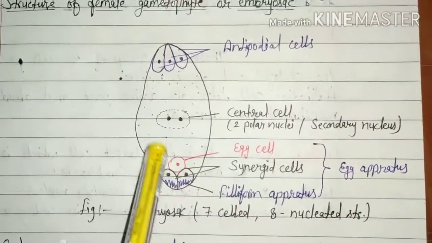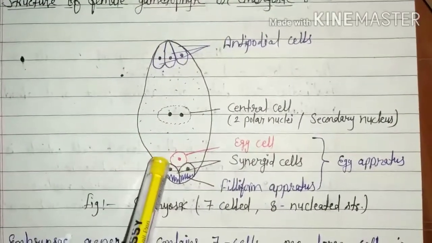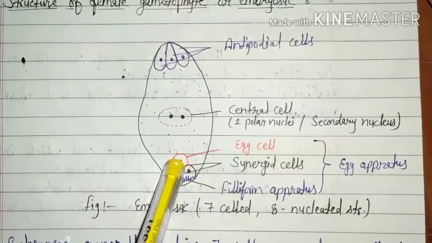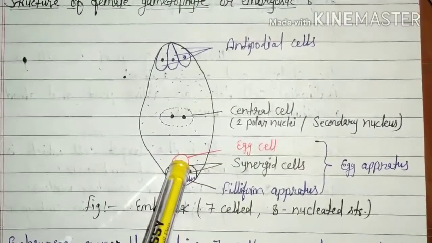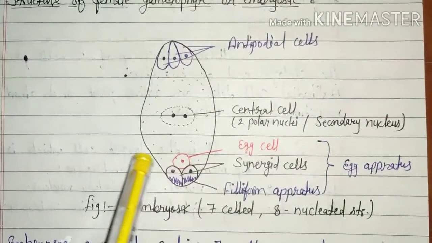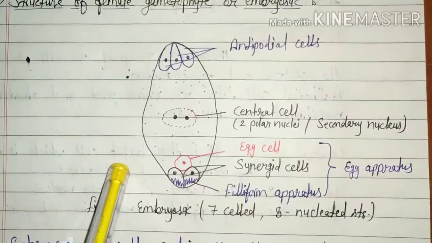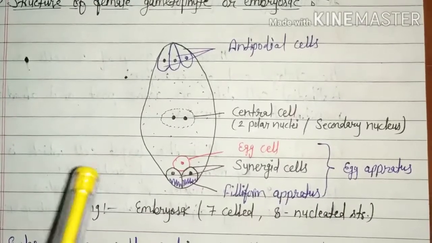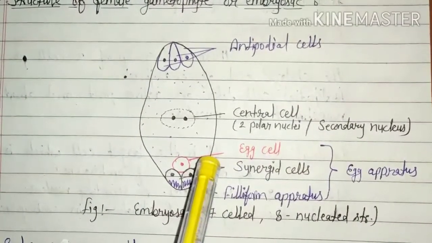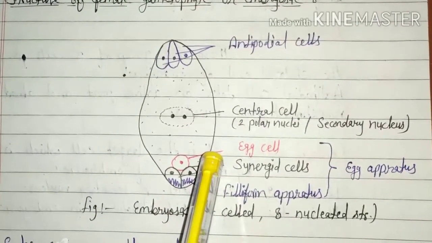Then, at the time of fertilization, 1 male gamete fuses with the egg cell and forms a diploid zygote. After this, the zygote develops into an embryo, and the embryo converts into a seed. So, the egg cell is the main cell of the embryo sac, which forms the seed.